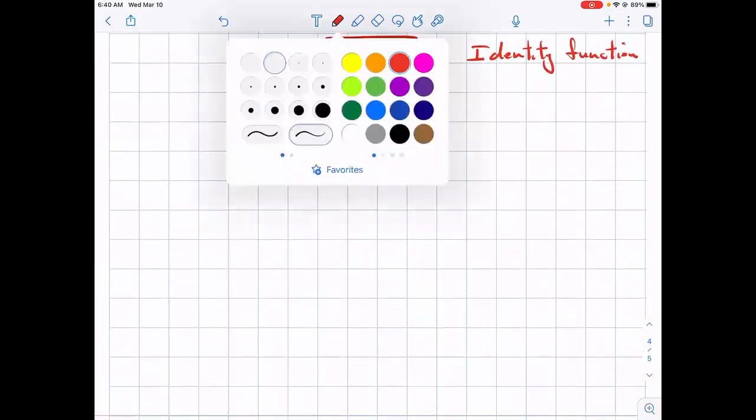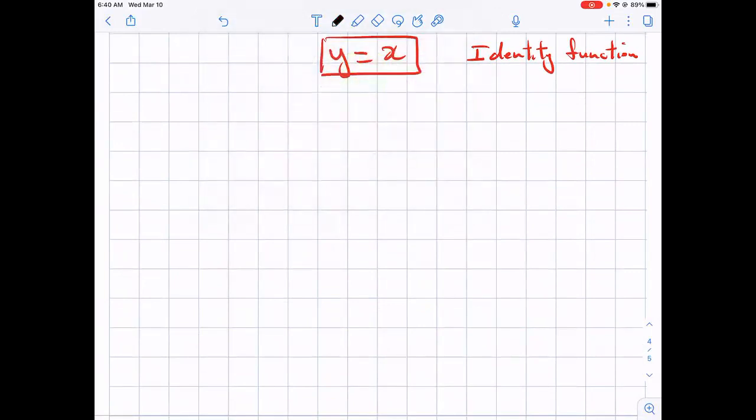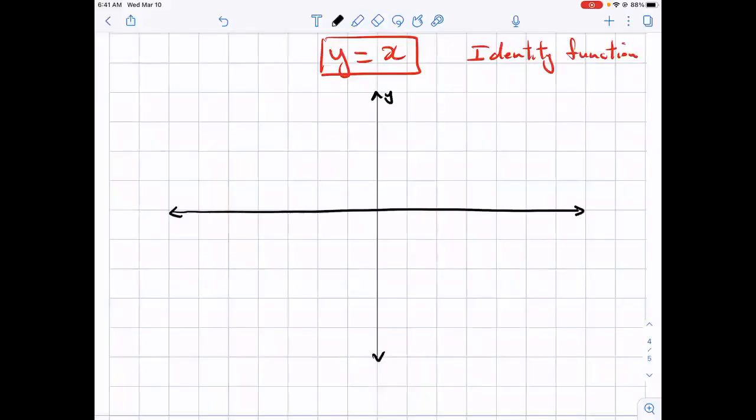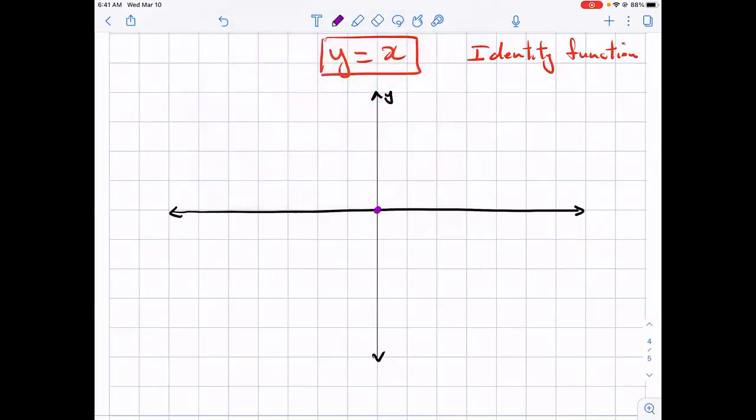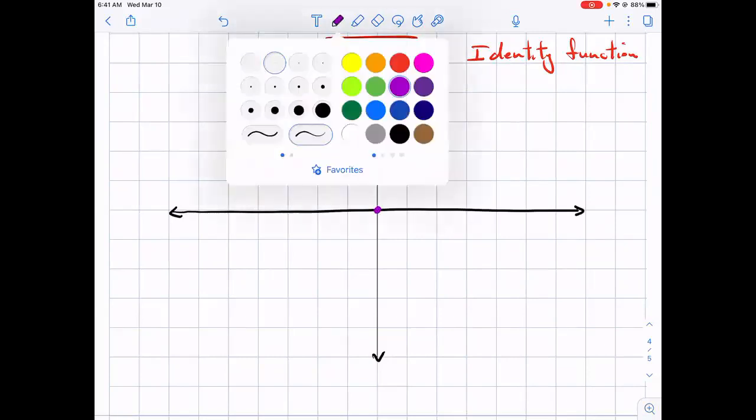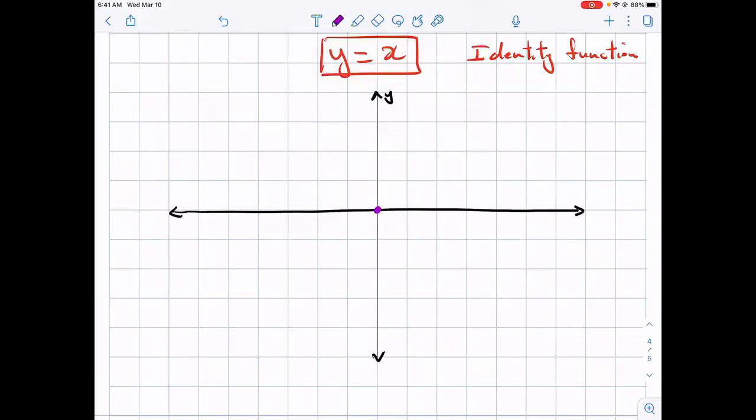Now, if we look at the graph of the identity function, if b is 0, that means the graph must pass through the origin. So your identity function is this graph.